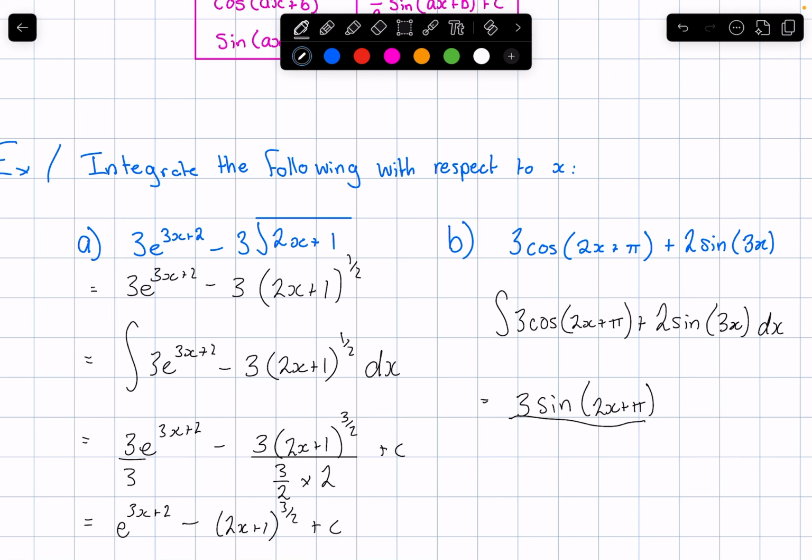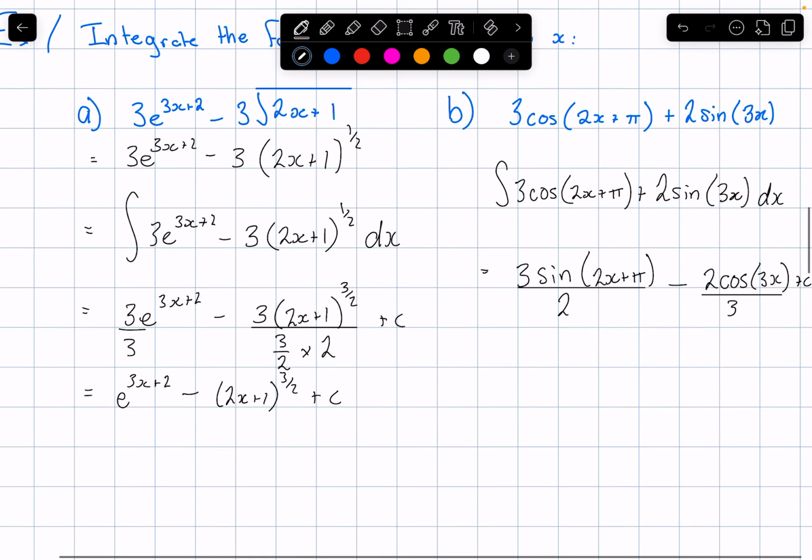However, we divide by the number in front of x, which is 2. Now, sine goes to negative cos, so I've got minus 2 cos of 3x, divide by the thing in front of x, not the new power, plus c on the end. And that's it. That one's done because we can't simplify it any further.